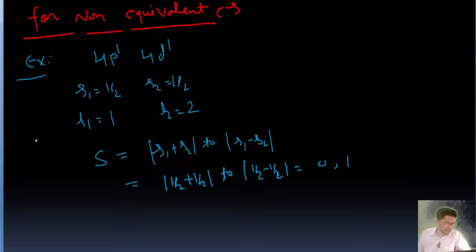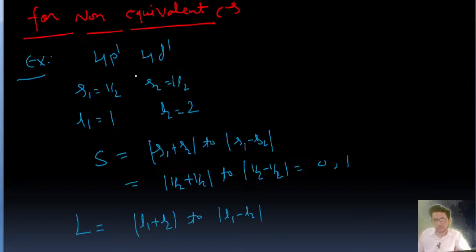And now we'll find L. The L values are mod of L1 plus L2 to mod of L1 minus L2. The value of L is going to be, with 1 and 2, mod of 1 plus 2 to mod of 1 minus 2.